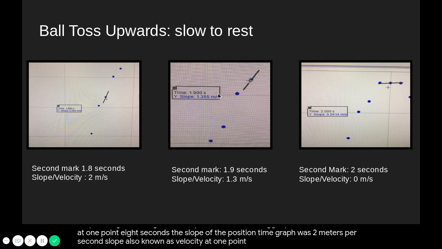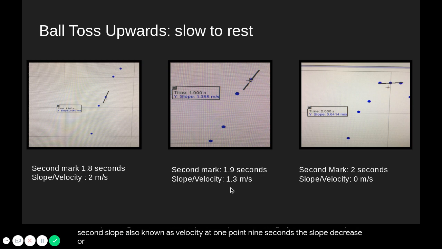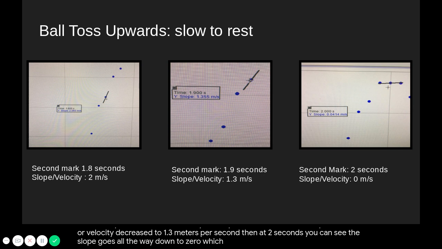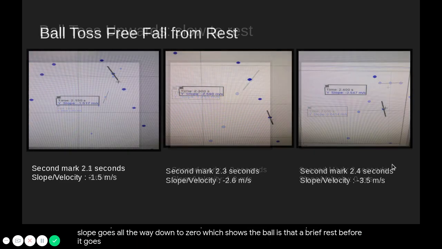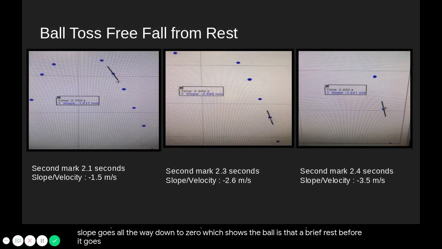At 1.9 seconds, the slope decreased, or velocity decreased to 1.3 meters per second. Then at 2 seconds, you can see the slope goes all the way down to 0, which shows the ball is at a brief rest before it goes down from rest into the free fall motion.